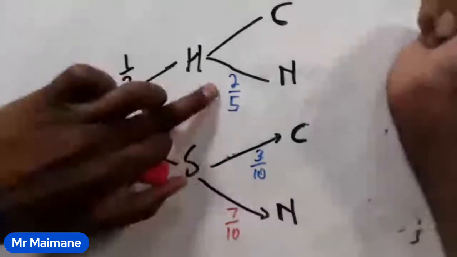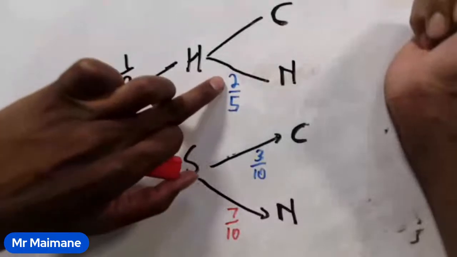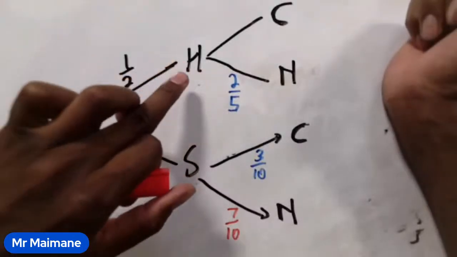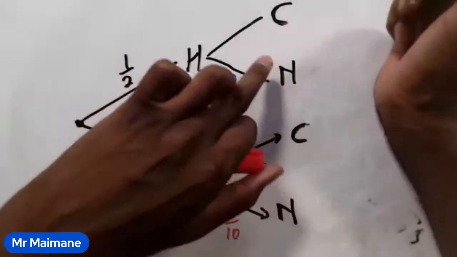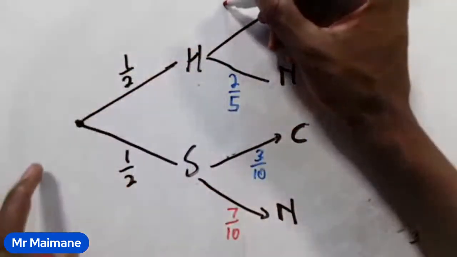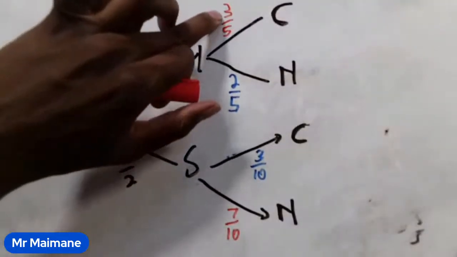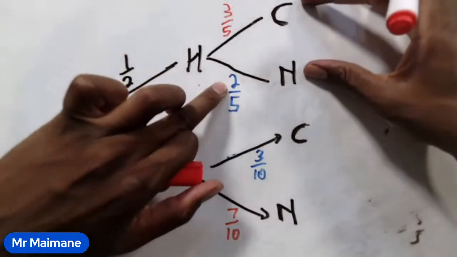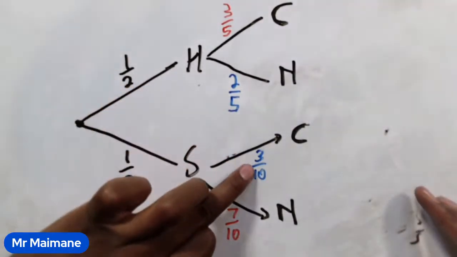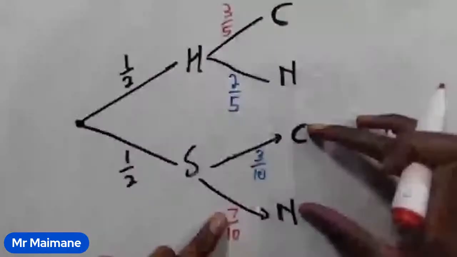Same applies here. If 2 over 5 of the participants that received a headache pill were not cured, we know that the ones that were cured is obviously 3 over 5. Because when we add this and this, we should get the total probability of 1. Also, when we add this and this, we should get the total probability of 1.